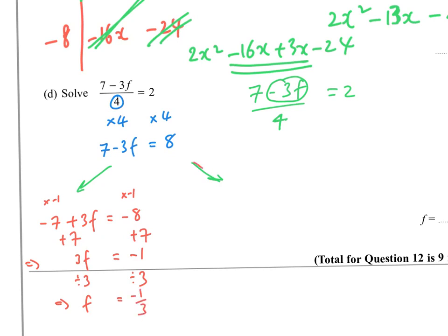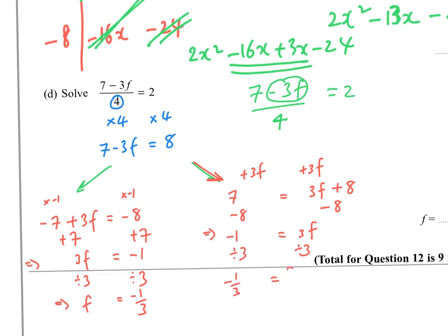Or from here I could add 3f to both sides, and I'd have 7 equals 3f plus 8, then take away 8 from both sides, and that would give me -1 equals 3f, and then divide by 3, and I'd have -1/3 equals f.